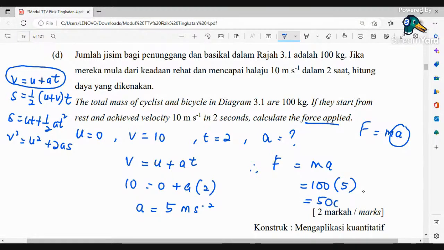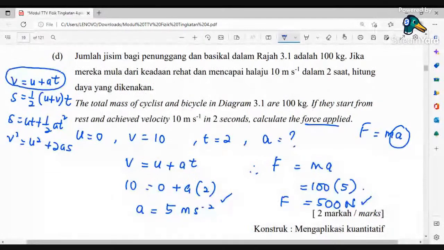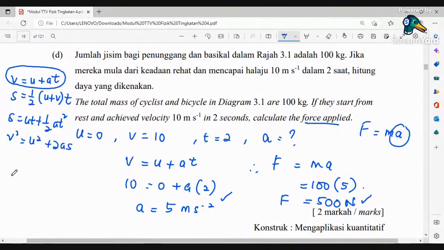So we get 500. Okay, so force applied is 500 Newton. Show substitution, calculation, gantian semua betul, unit betul. Okay, soalan ni, better write the formula. Tulis formula dulu baru ganti.